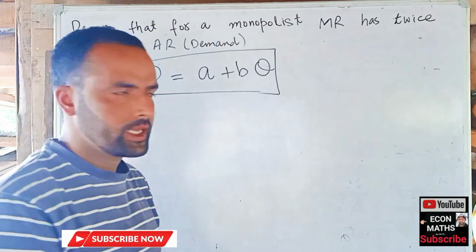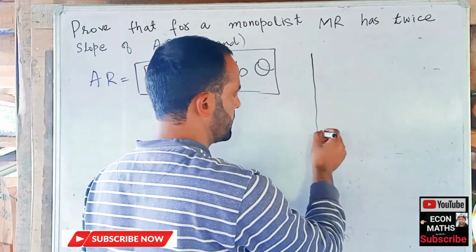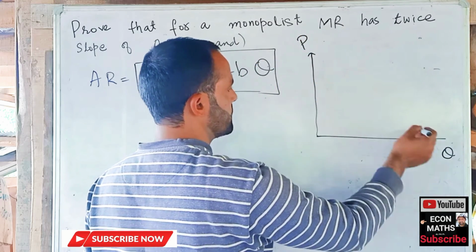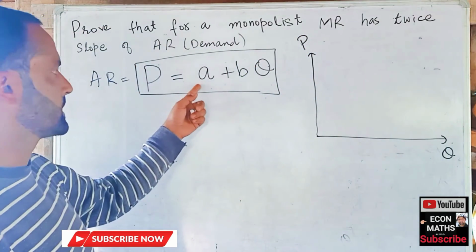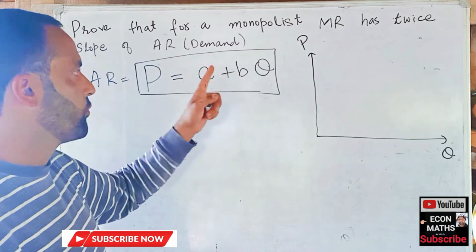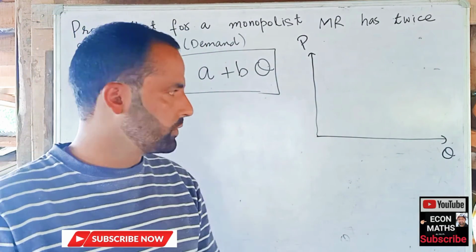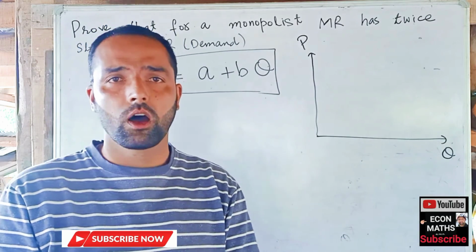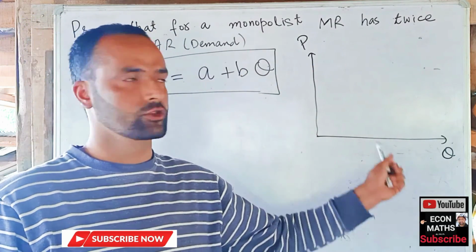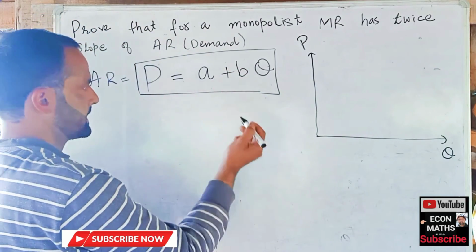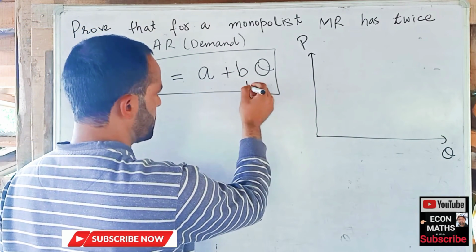Graphically, we can depict this: if this is the quantity axis and this is the price axis, then A is the intercept and B is the slope. This B is less than 0, that is, the slope is always negative because of the law of demand. When price increases, demand decreases. So we have a downward sloping line, and B is less than 0.